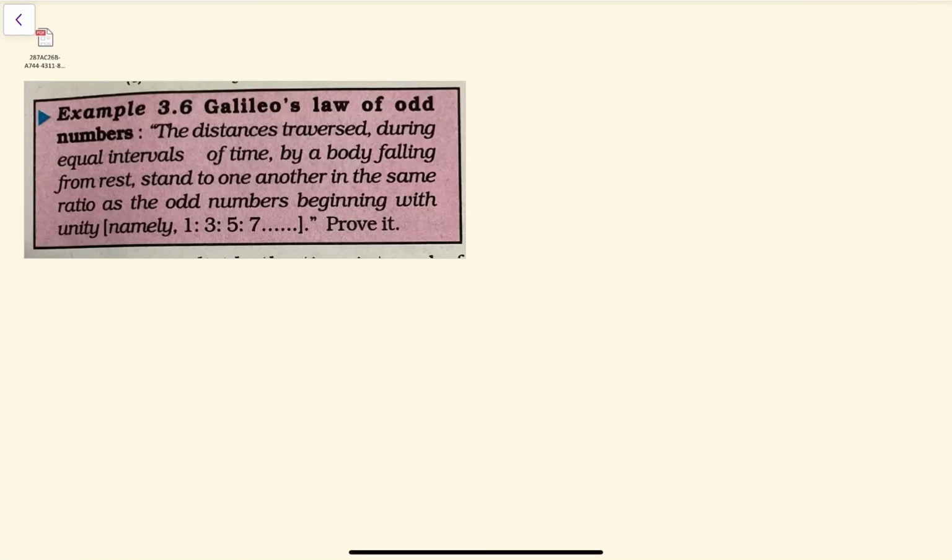The distances traversed during equal intervals of time by a body falling from rest stand to one another in the same ratio as odd numbers, beginning with unity, like 1 is to 3 is to 5 is to 7. Just prove it.